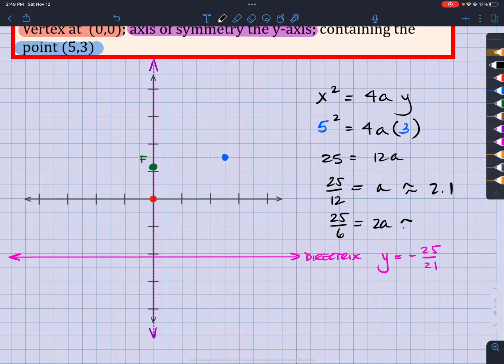So we'll just say it's approximately 4.2. That means I have to move 4.2 from the focus to the right and to the left. 4.2-ish and 4.2-ish. So this line right here would be my latus rectum.